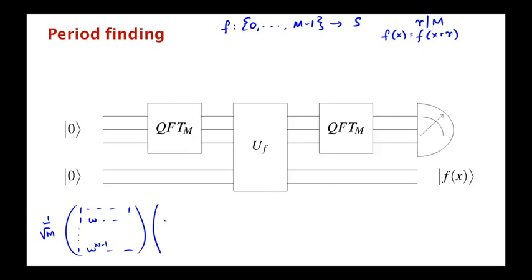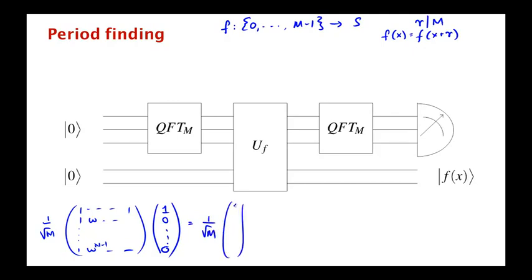But now, what's the zero state? It's this vector, right? It has amplitude 1 for when our quantum system is in the state 0 and 0 otherwise. And so the result of this is this state, right?